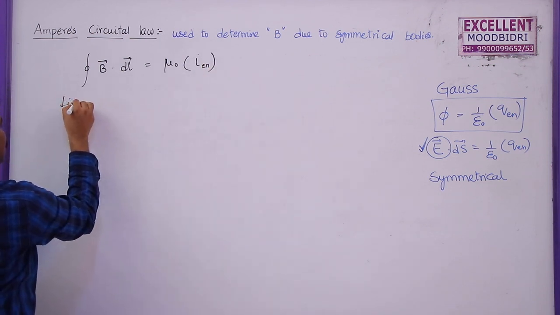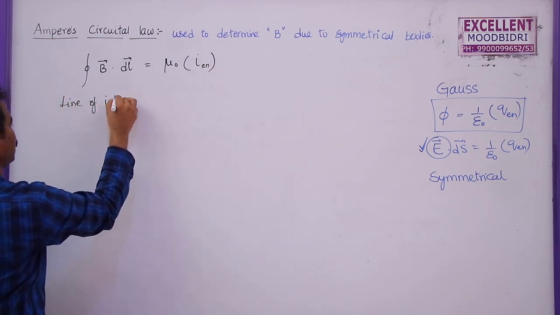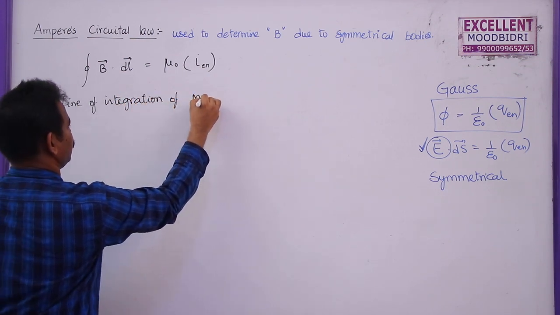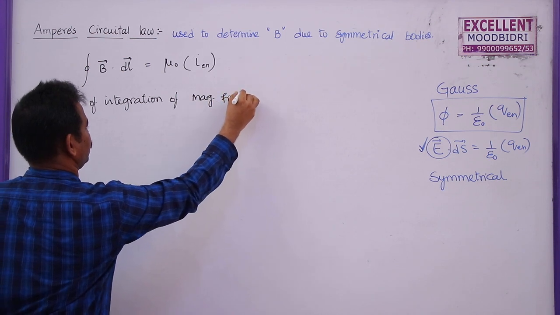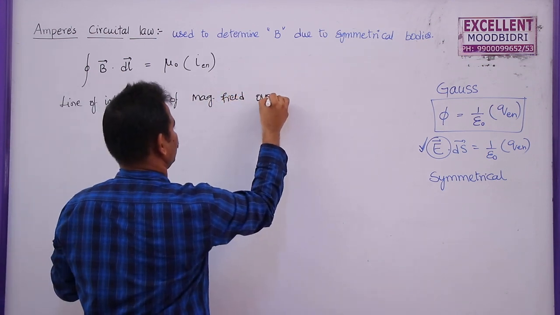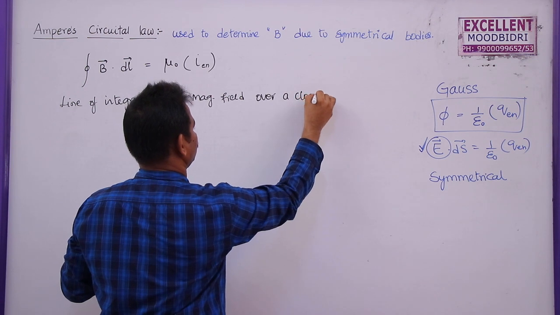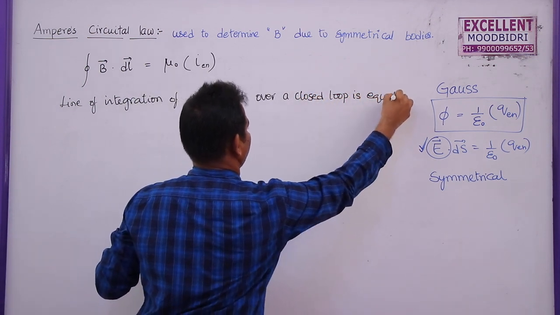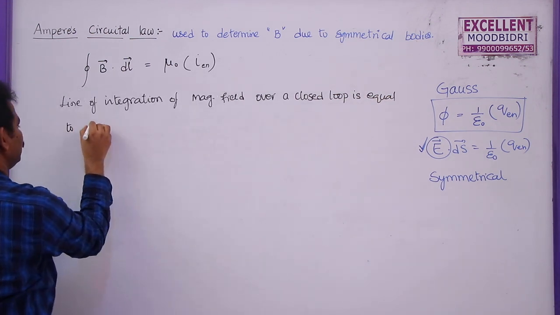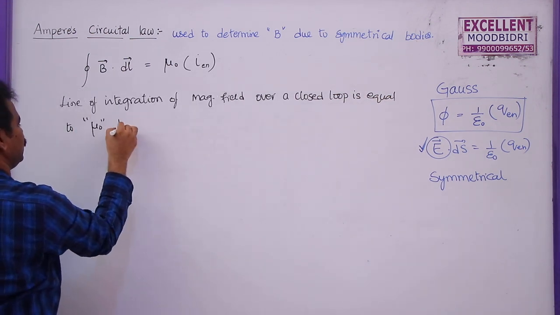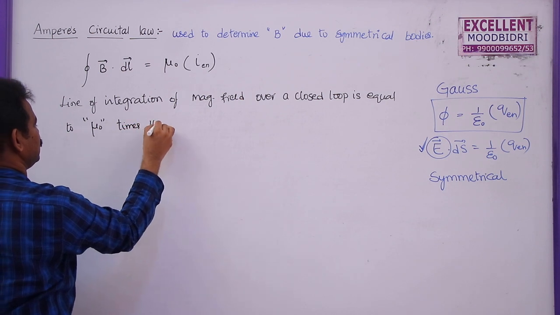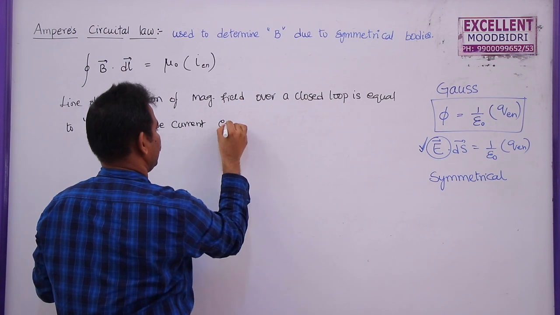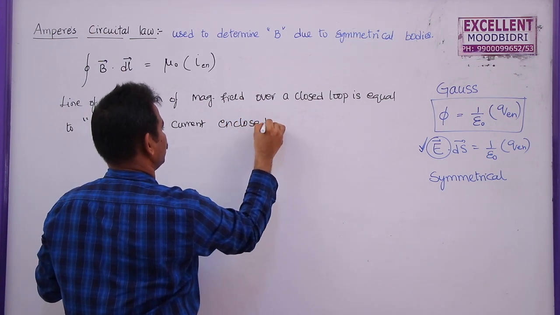So line integration of magnetic field over a closed loop is equal to mu naught times the current enclosed by that closed loop.